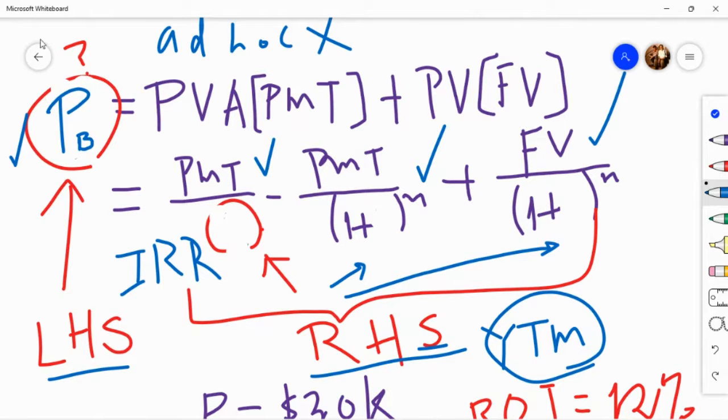Then the market price is not unknown. The market price is a known value, isn't that right? Because it's something you just look up. Something you can look up in Yahoo Finance, or in the print media or online media.